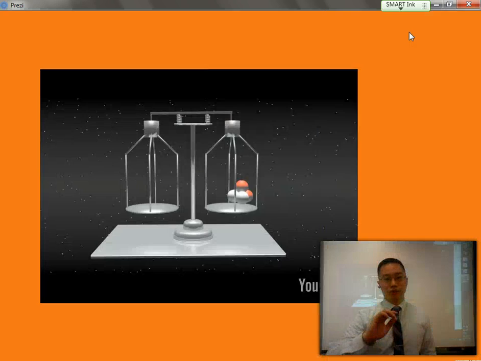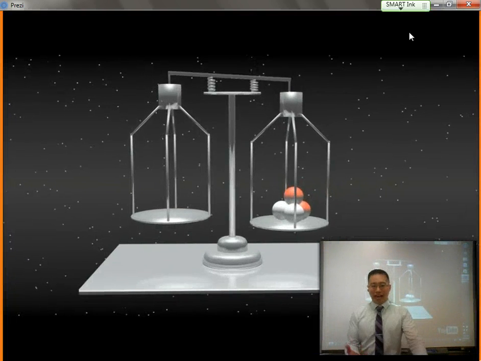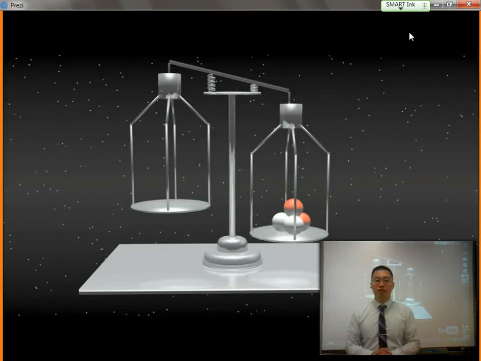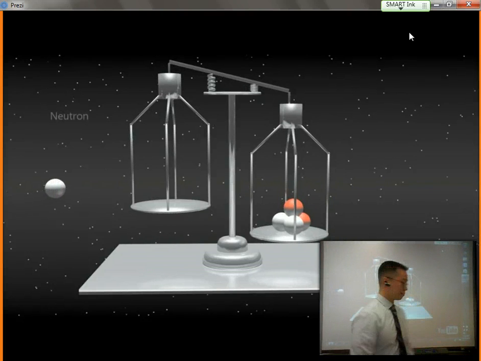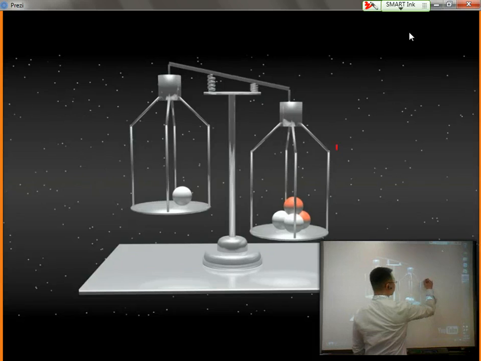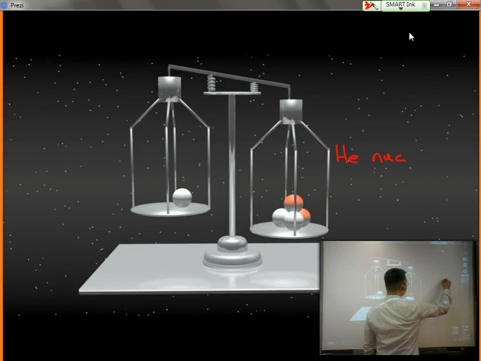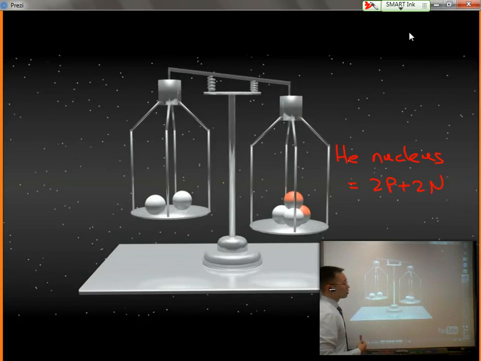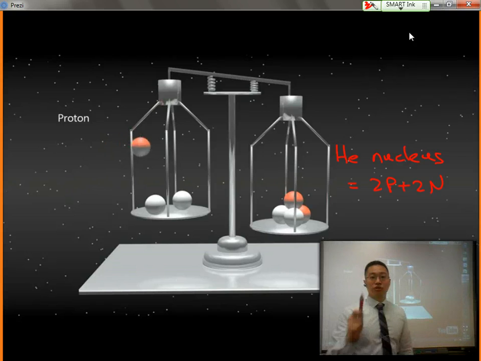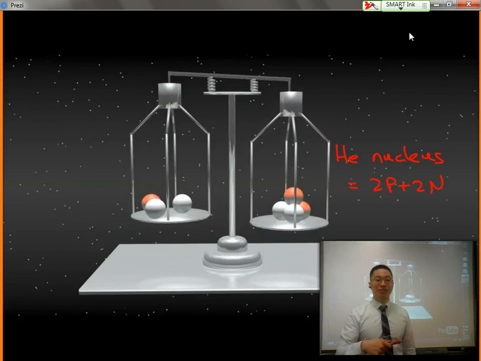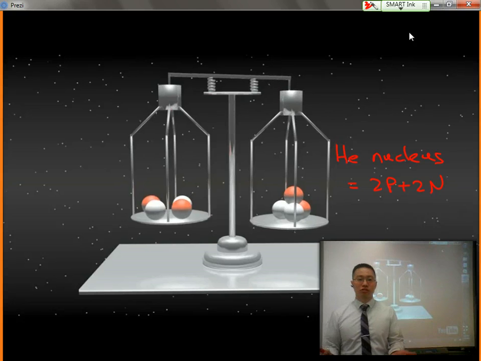Scientists noted that if they found the mass of a helium nucleus, in other words 2 protons plus 2 neutrons, and then took those 2 protons and 2 neutrons separately and found the mass of them, you would think that they would balance.